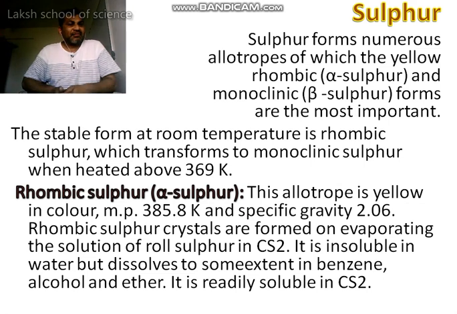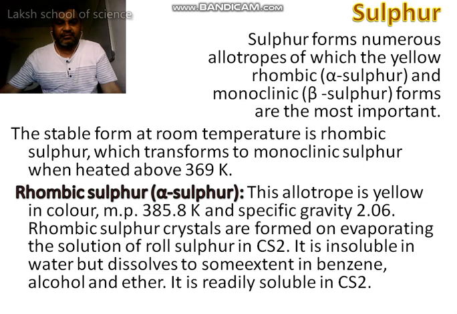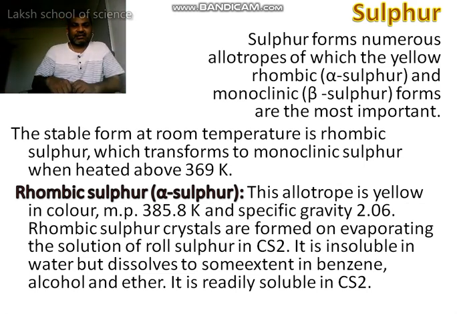If it remains below 369 Kelvin, it is rhombic sulfur, and above it is monoclinic sulfur. So this is our topic of sulfur.